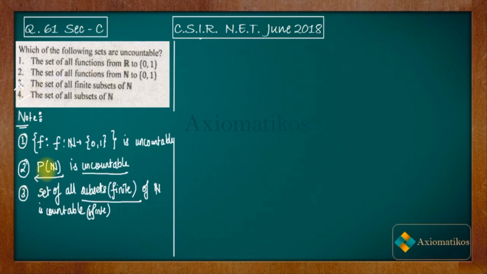Now, this statement tells us that the set of f such that f is a function from N to {0, 1} is uncountable. Are you getting my point? So if we are collecting all those functions such that f is a function from N to {0, 1}, then we know according to this statement that it is uncountable.